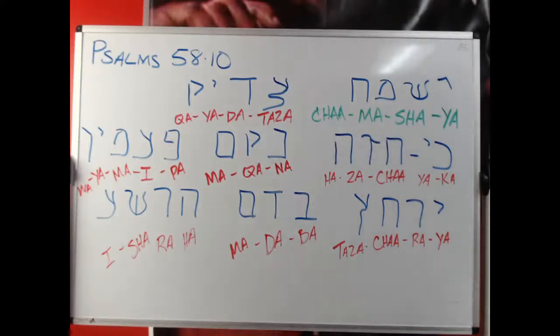You just said, Yashamak, Tazadayak, Kaya, Kaza, Naquam, Pa'im Yawa, Yarakataza, Badam Harashai. And what you just said is, the righteous shall rejoice when he seeth the vengeance. He shall wash his feet in the blood of the wicked, man. Very nice.